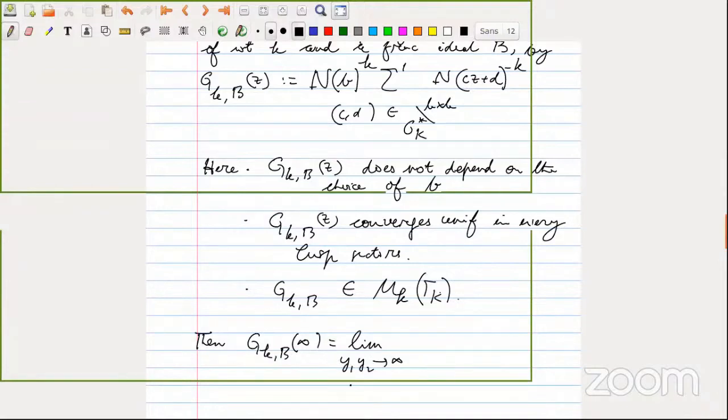These y1, y2 are the imaginary parts of z, where z is inside H^2, taken inside this cusp sector, of this G_k^B(z).